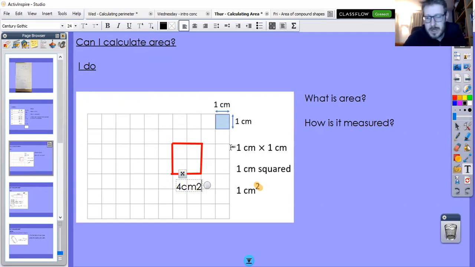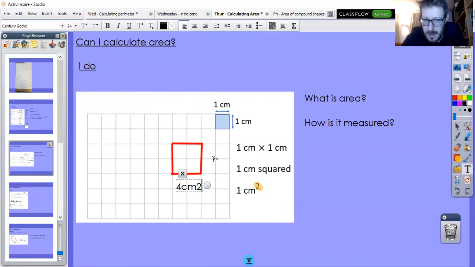But the questions we're mostly looking at won't have the squares. So what you end up doing is multiplying the length by the width. In this case, 1 times 1 equals 1. And this one, 2 times 2, will tell you how many squares it is in the middle.